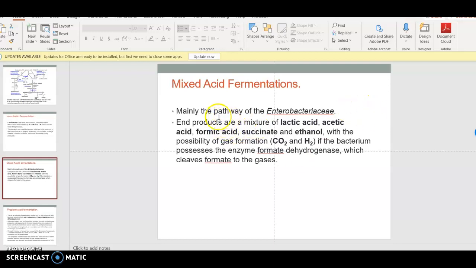Okay, mixed acid fermentation, mainly the pathway of enterobacteria. Enterobacteria is usually the gram-negative bacteria. Okay, one of the common examples is E. coli.